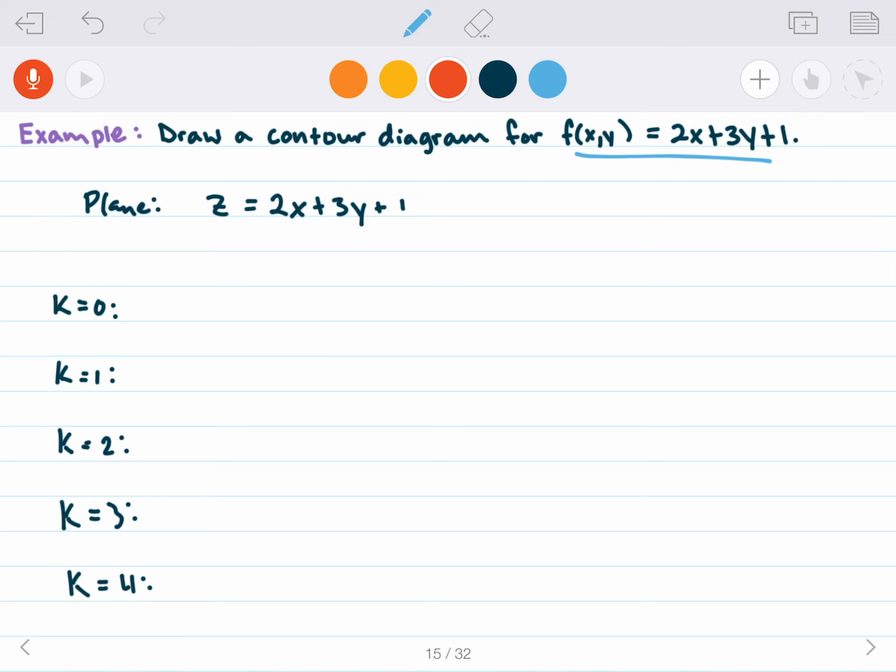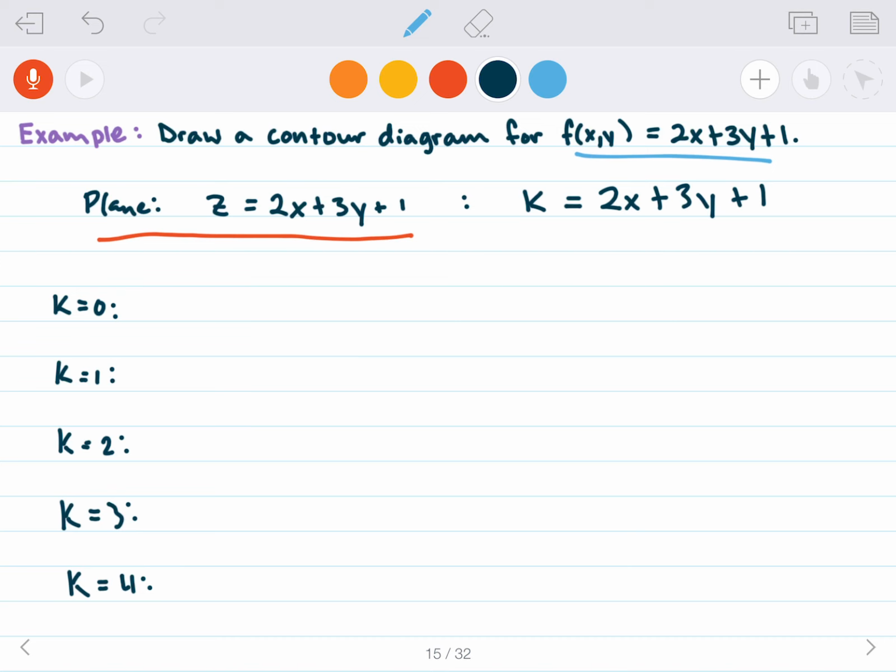Now, since I know that my contour lines are actually going to be lines, what I want to do first is get this in y equals mx plus b form. The first thing I do is sub in k for z, because that's the substitution I'm making over here. I'm going to say that k is equal to 2x plus 3y plus 1, and now I'm going to isolate y by itself so that we're in mx plus b form.